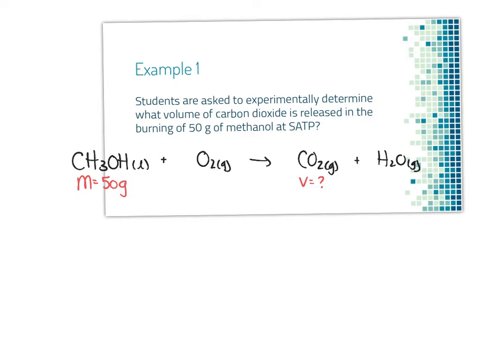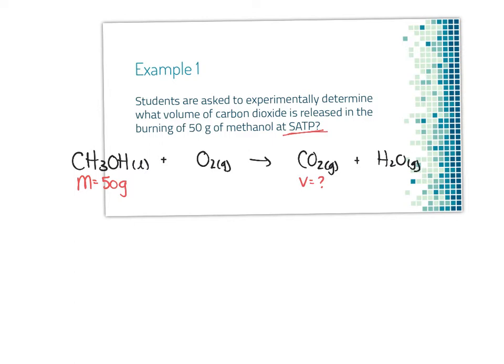So I know that this is gas stoich and not solution stoich, again, because volume is present in solutions and gases, but they are talking about SATP conditions and there's no concentration involved.